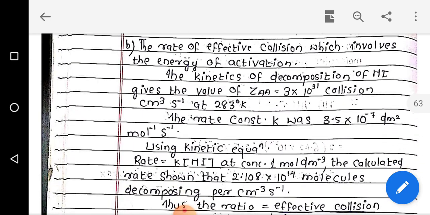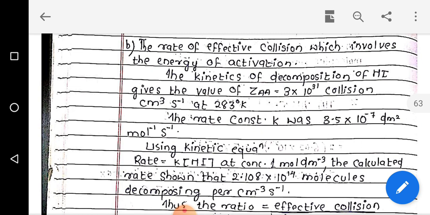So next one is the rate of the effective collision, which involves the energy of activation. The kinetics of the decomposition of HI gives the value of ZAA is equal to 3 into 10 to the power 31 collisions per centimeter cube per second at 283 kelvin.